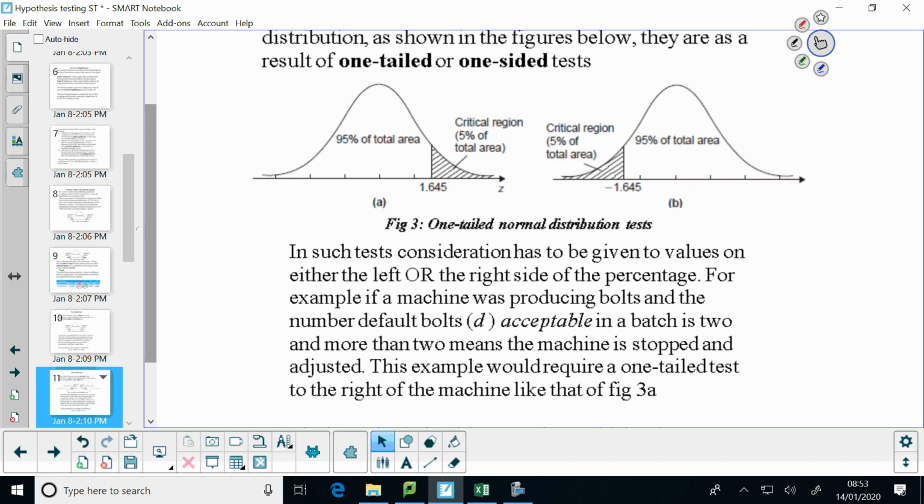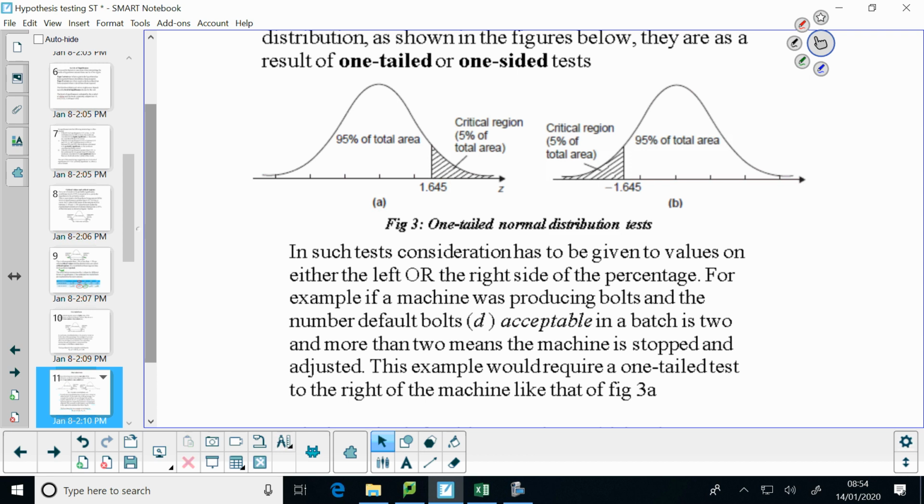So we could be looking for Z values greater than the values from the table, if we are looking at above the mean. If we're interested in values below the mean, we're looking at negative Z values, and you've got your 5% as that whole region on one side.